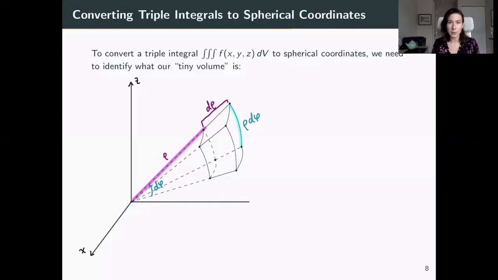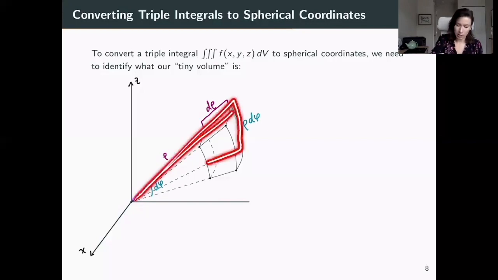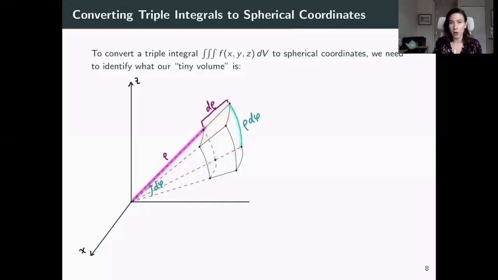We now need to account for theta. And to do that, we're going to project the analog of this slice down onto the XY plane. In order to do this, we're going to take all of these points on our tiny volume and bring them down into the XY plane. I'm going to have to do a little bit of erasing here.